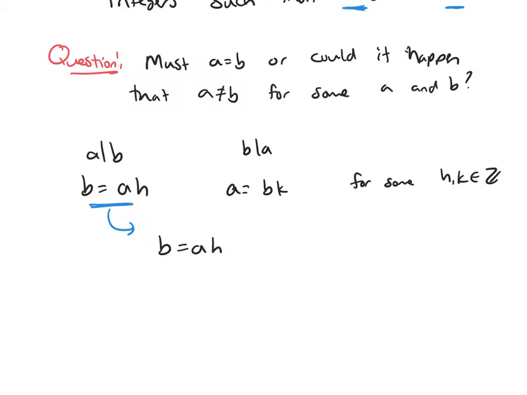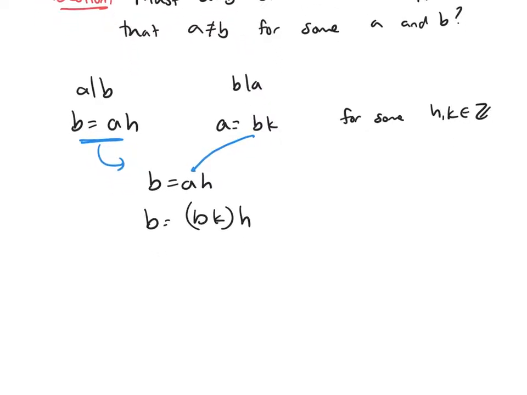And I can use substitution, kind of like we did in class, and plug in for a. So I would get b equals b times k times h. And multiplication is associative, so I can move around my parentheses here like that.